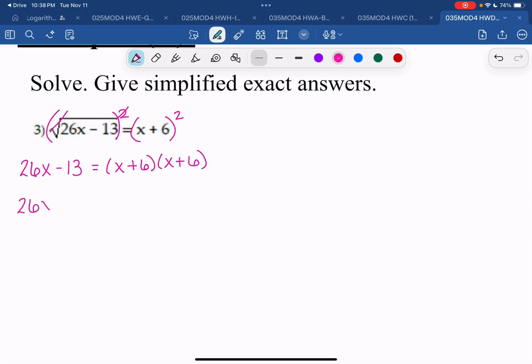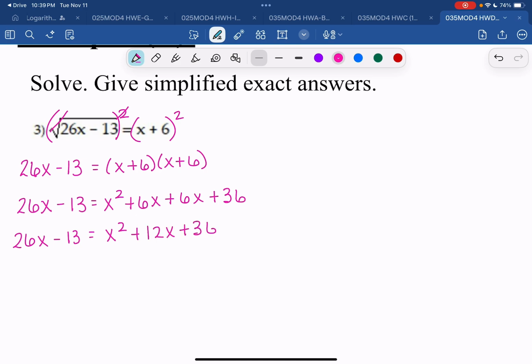So that gives me x squared plus 6x plus 6x plus 36. Then we can clean that up and set it equal to 0. So 26x minus 13 is equal to x squared plus 12x plus 36.